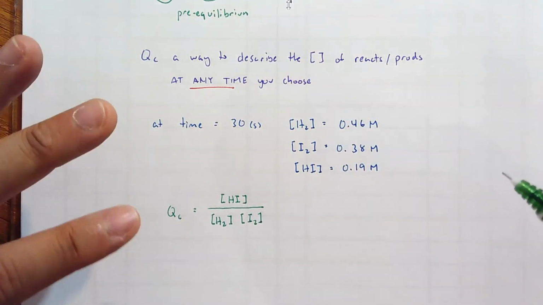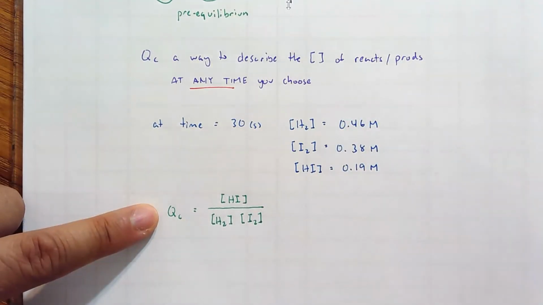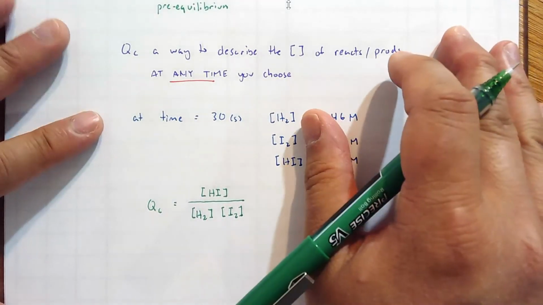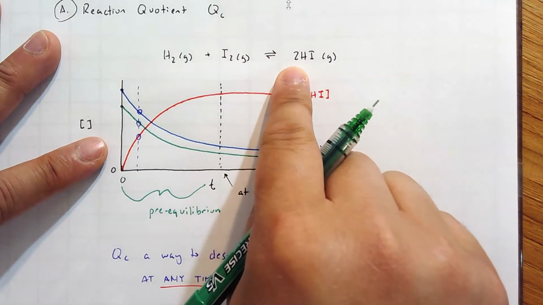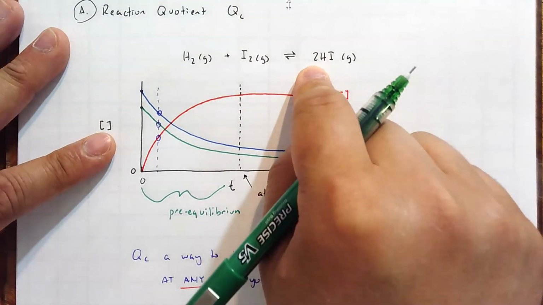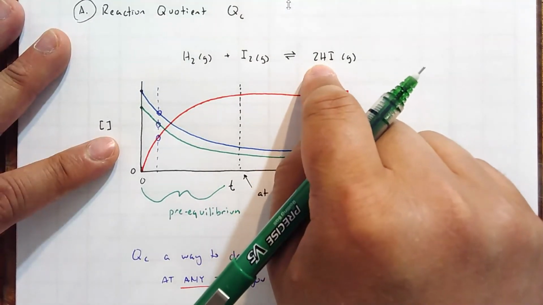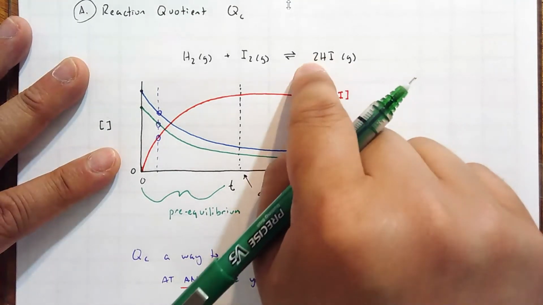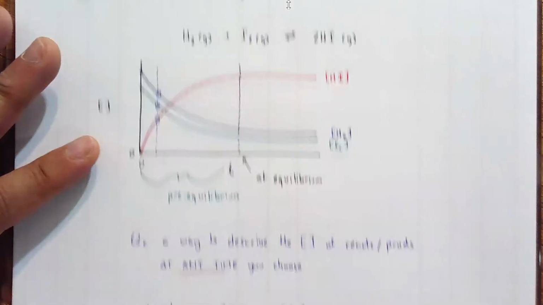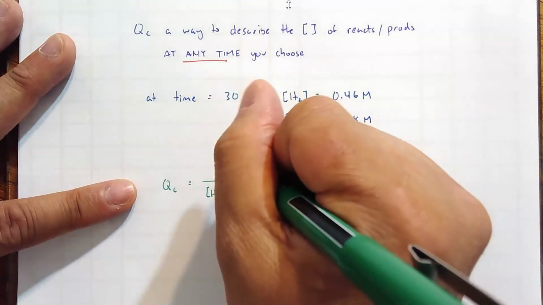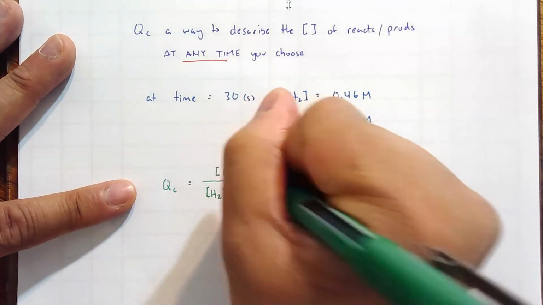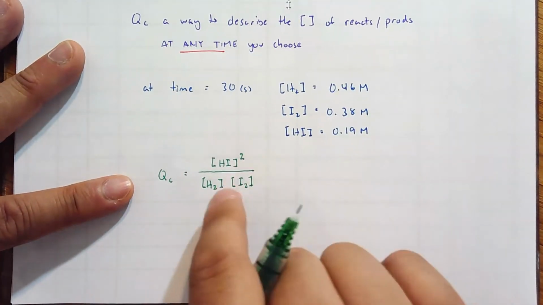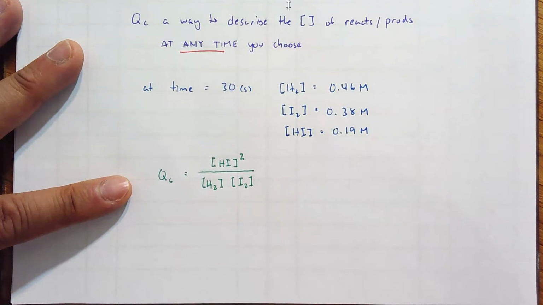But we could always think of QC as products over reactants. There's one last twist, that you have to use the coefficients. In the kinetics unit, we rarely use the coefficients. Here we do. So that 2 acts as an exponent in our reaction quotient, and you would square the HI. The coefficient for H2 and I2 was 1, so there is no exponent here.